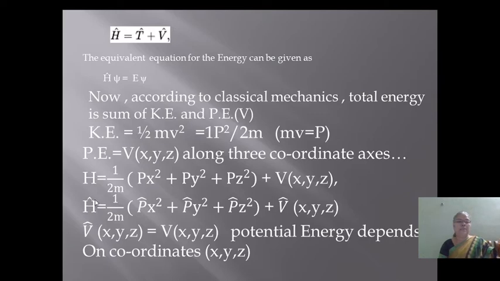Then the corresponding Hamiltonian operator we can write, putting a cap over this H, as 1 by 2m in bracket momentum operator along x square plus momentum operator along y axis plus momentum operator along z axis, plus the potential energy operator along x, y, z.